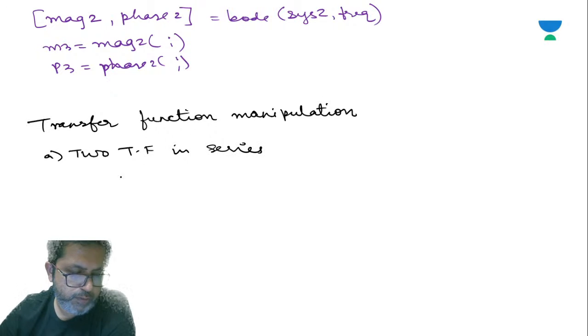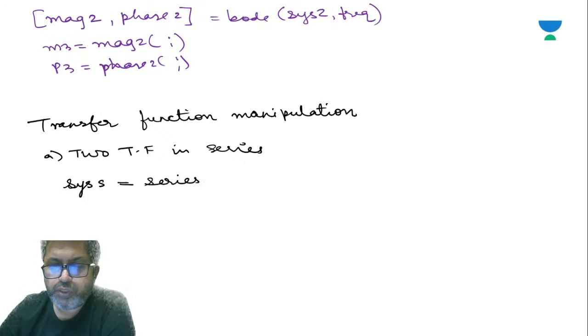So we are seeing this, S is equal to series sys1 comma sys2.